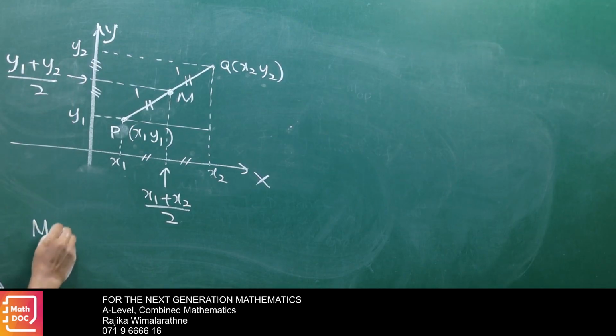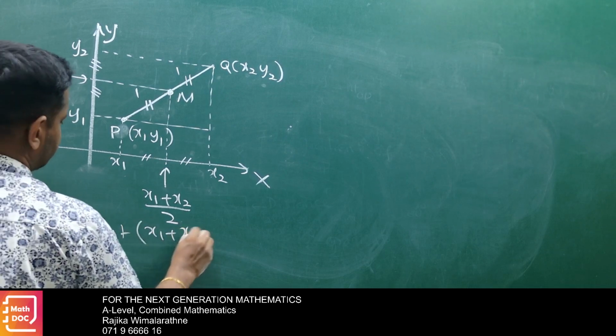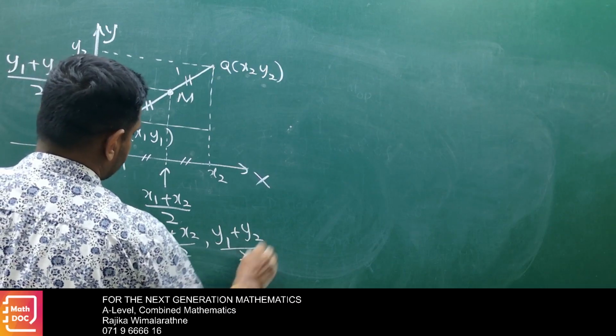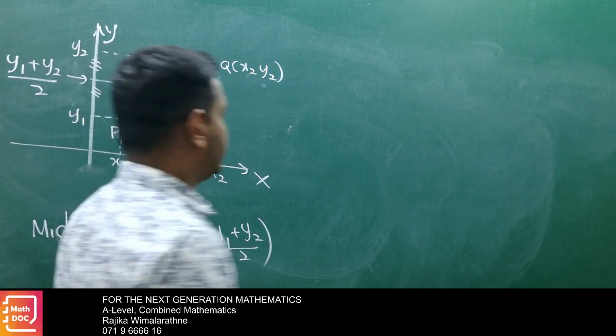Therefore the midpoint is (x1 plus x2 over 2, y1 plus y2 over 2). Okay, put it. That is the section formula.